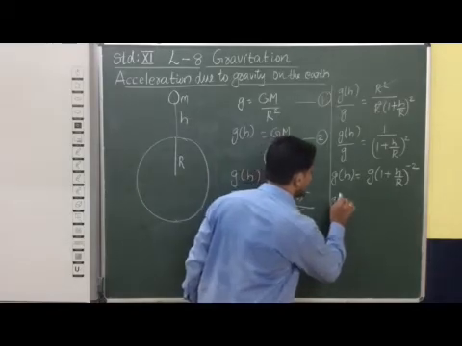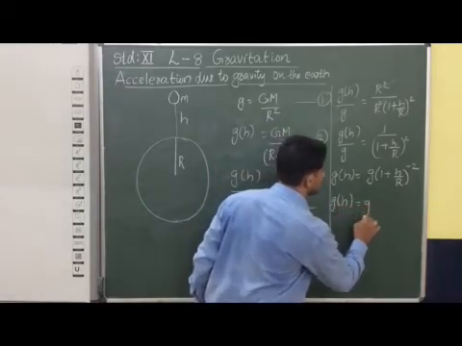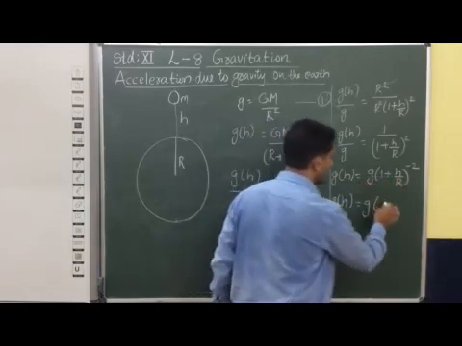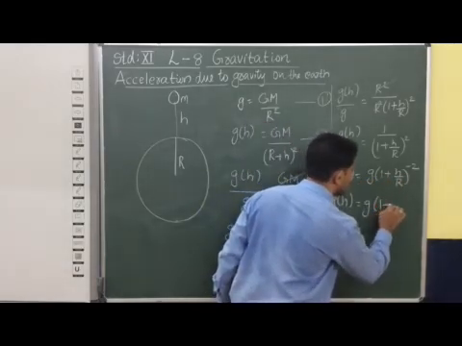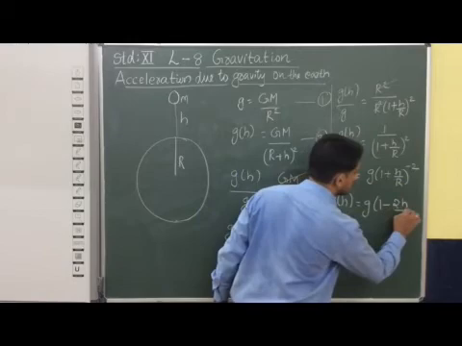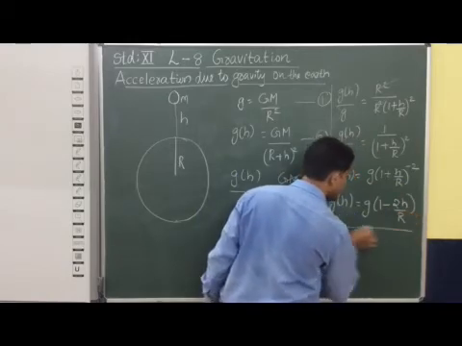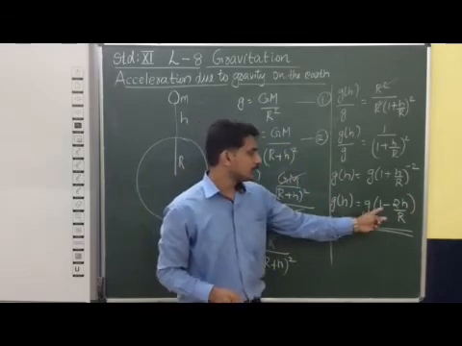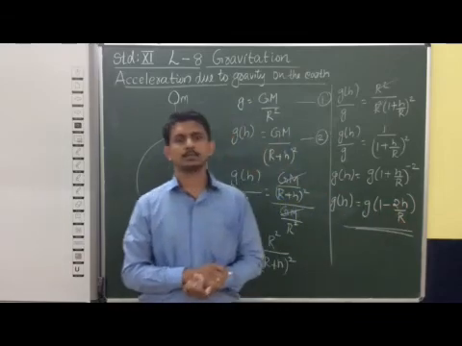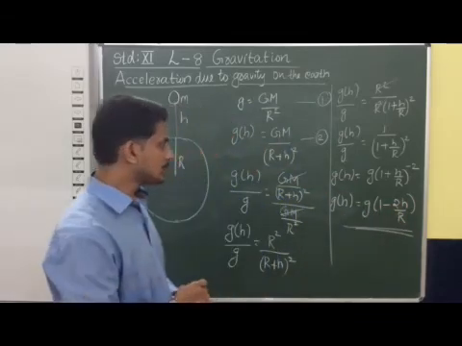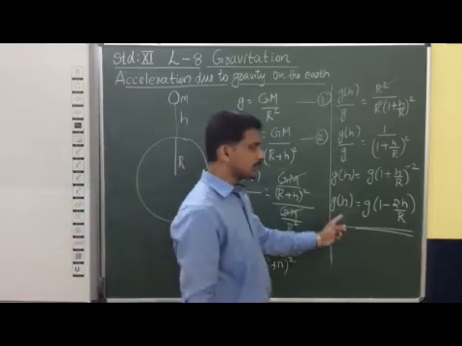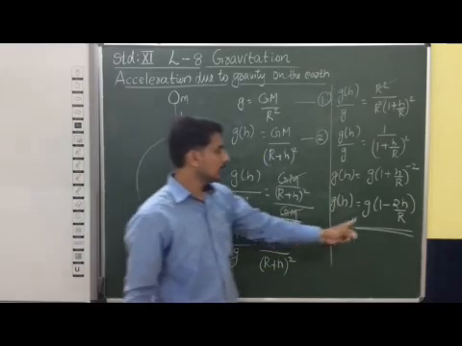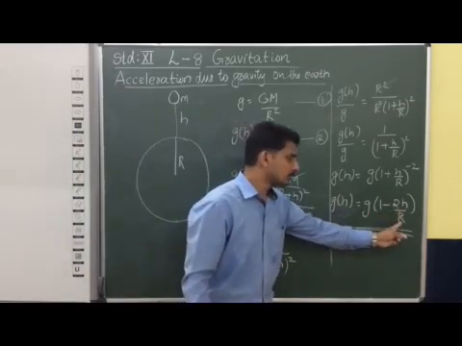After applying the binomial expansion, g of h is equal to g into 1 minus 2h divided by r. So the value of g at a height h above the surface of the earth is given as g into 1 minus 2h by r.